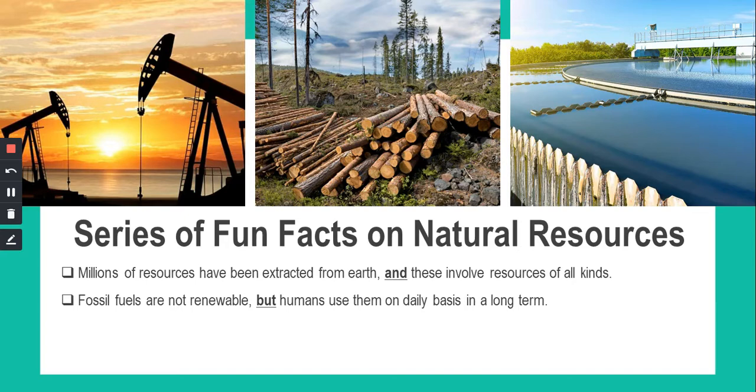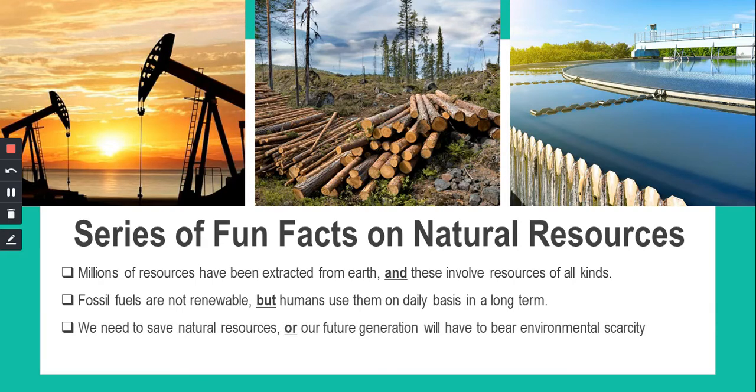Jadi kalau kita lihat yang di second example, hubungan kalimatnya memang saling bertentangan. Fossil fuels tidak dapat diperbaharui, tetapi manusia menggunakannya on daily basis. Again, you need to check the comma before but, and you need to check the subject and predicate of each sentence.